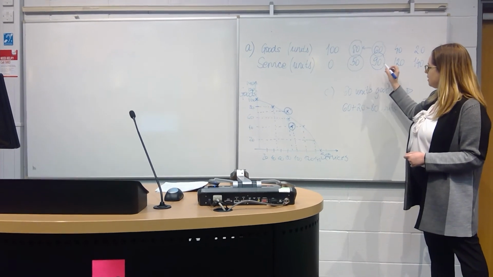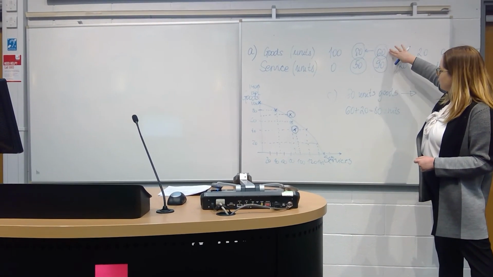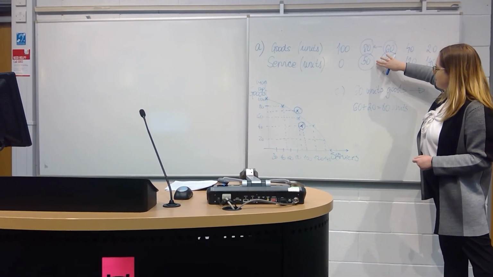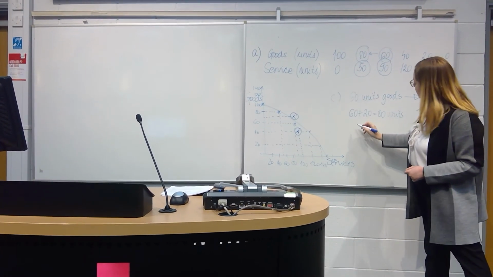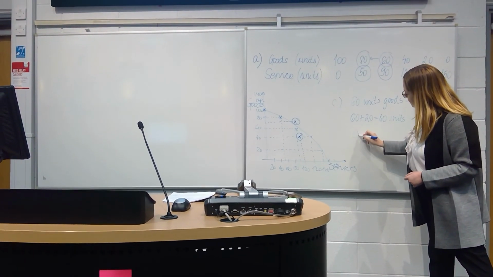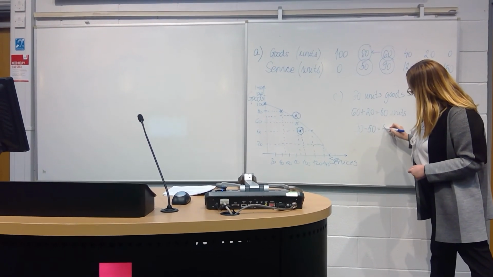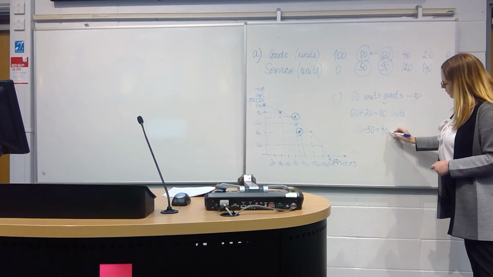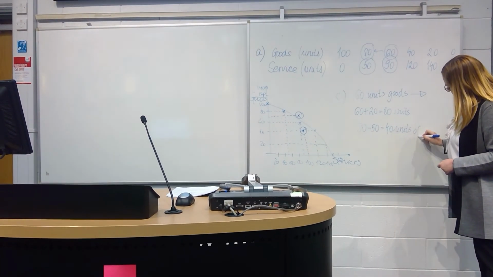So our opportunity cost is the difference between the units of services it could produce when it was producing 60 units of goods and the amount of services it can produce when it now produces 80 units of goods. So it is 90 minus 50, which gives us that the opportunity cost of producing 20 additional units of goods is the production of 40 units of services.